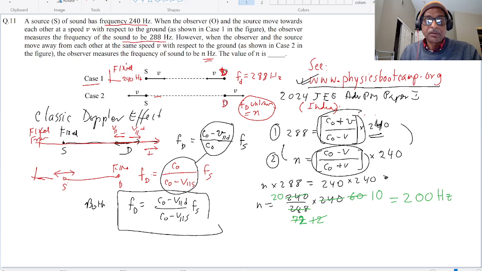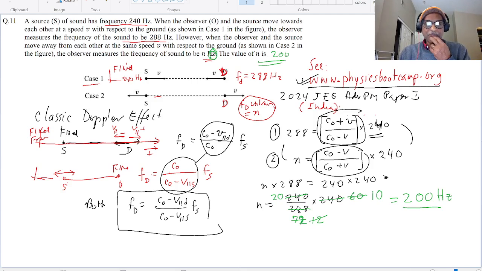Okay, so I went ahead and carried out this little simplification, and it gives me 200 hertz. So n is indeed an integer, and that's supposed to be the answer in this section, 200, because the unit is already taken out of here, so n is 200.